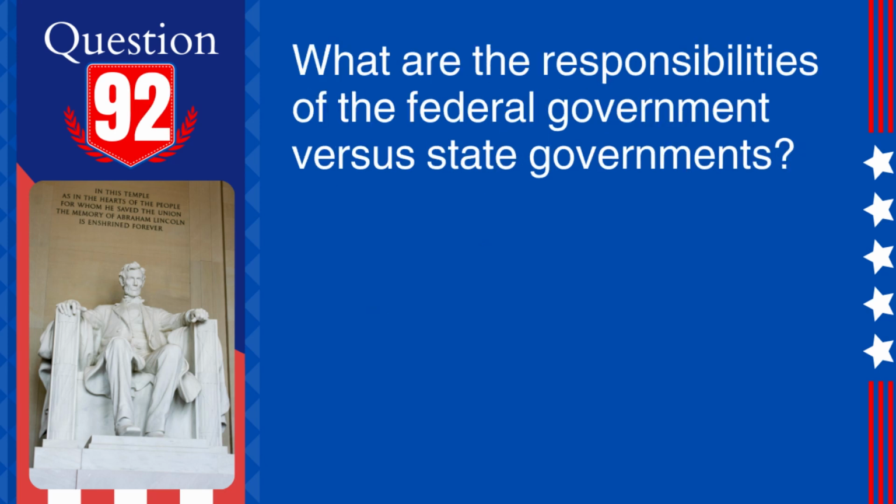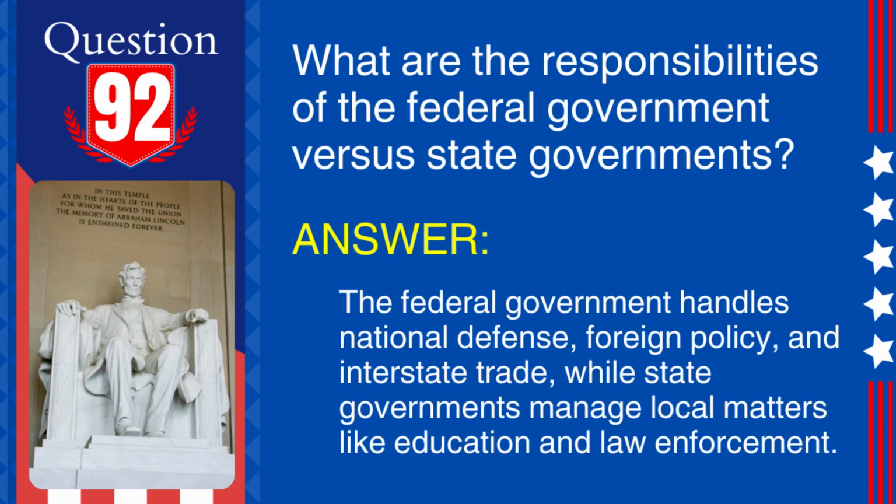What are the responsibilities of the federal government versus state governments? Answer. The federal government handles national defense, foreign policy, and interstate trade, while state governments manage local matters like education and law enforcement. Explanation. The Constitution defines the role of the federal government and reserves other powers to the states.